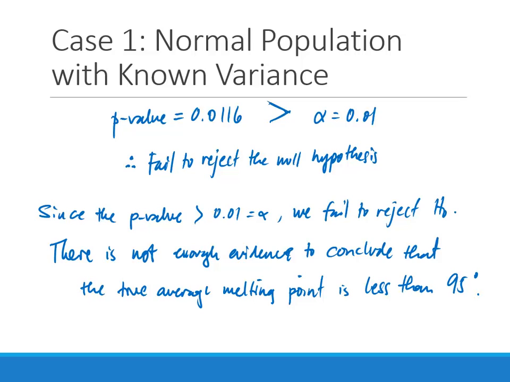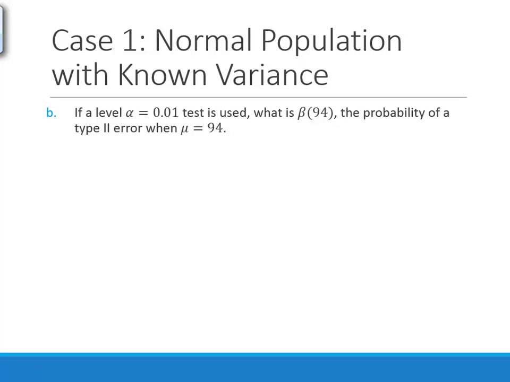Okay. So one more part to this question before we move on to case 2 here. And this is kind of going back to thinking about the different errors that we can make. So we've used a level of significance of alpha, and we want to know something about the type 2 error when the mean is actually equal to something else.